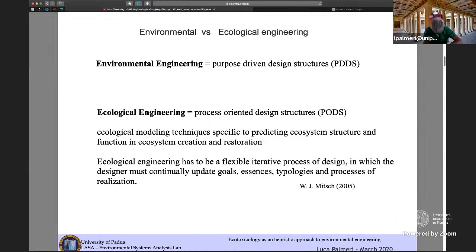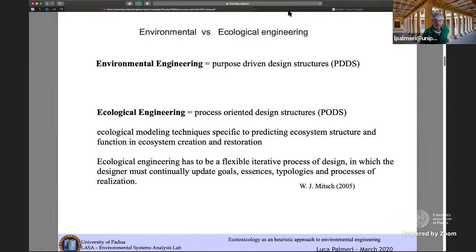This is a typical example of a purpose-driven design effort in which the environmental engineer designs and builds a wastewater treatment plant with a specific purpose or with a specific object.